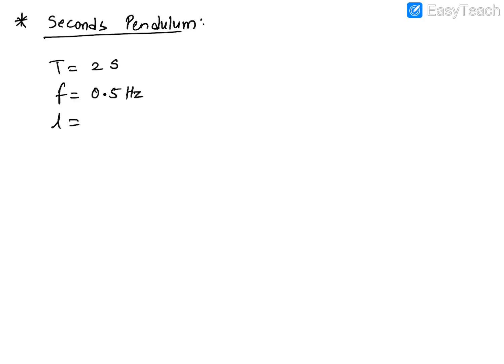What is the approximate length of such a pendulum? It is 1 meter. The effective length of such a pendulum is 1 meter. This is the pendulum of a clock. The pendulums used in a clock are basically seconds pendulums, the ones we use in the clock in a house. So this is all you need to know about the seconds pendulum. Very, very little. They've just given a few lines or a paragraph about it.